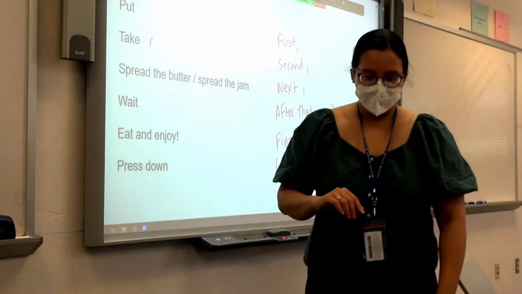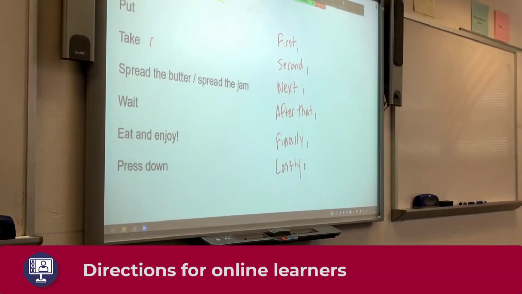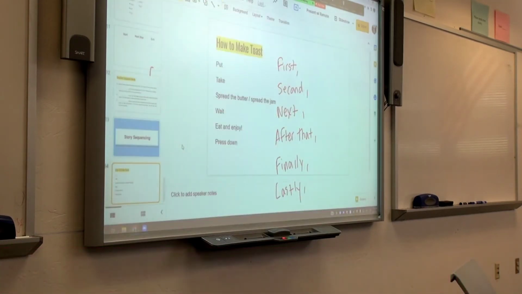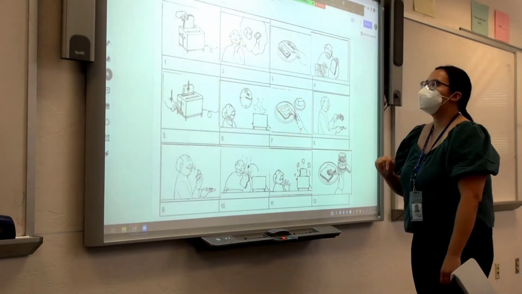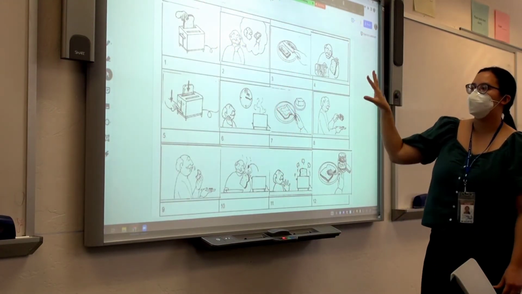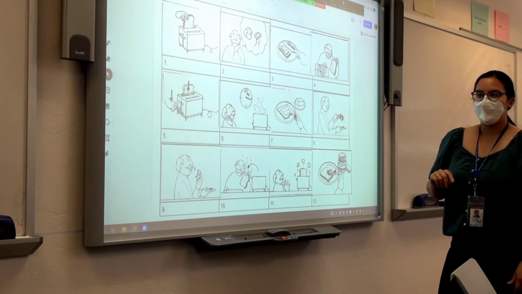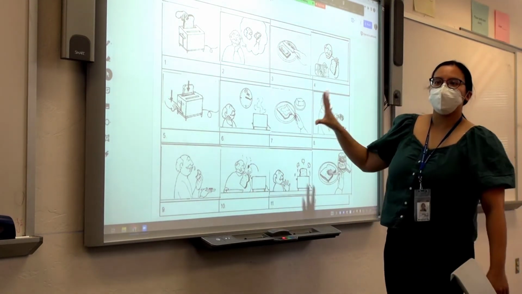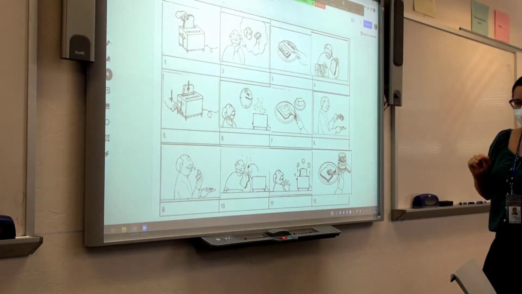So, online, I'm going to give you a link to the images. You guys will work together to complete the same activity. So, everyone online, can you see these pictures? Yes. Good, okay. These pictures are not in the correct order.